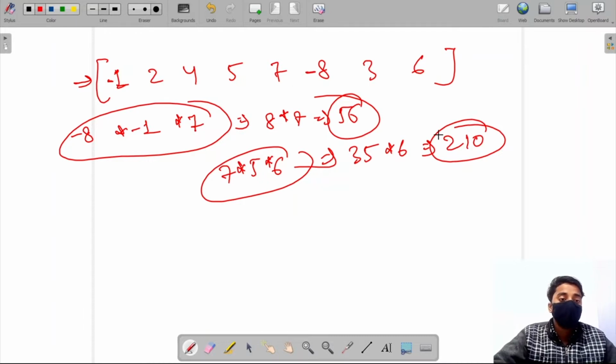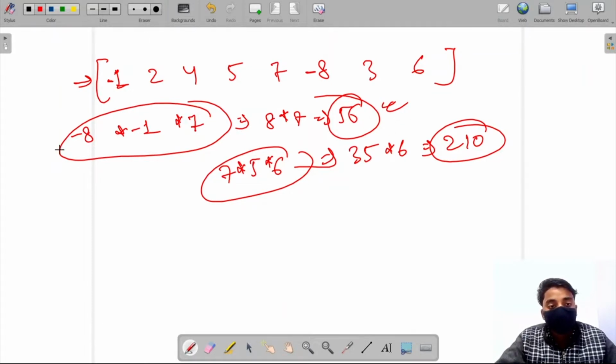So this means not every time will multiplying the two smallest negative numbers with the maximum number give the max product. So we need to find the max between these two things.